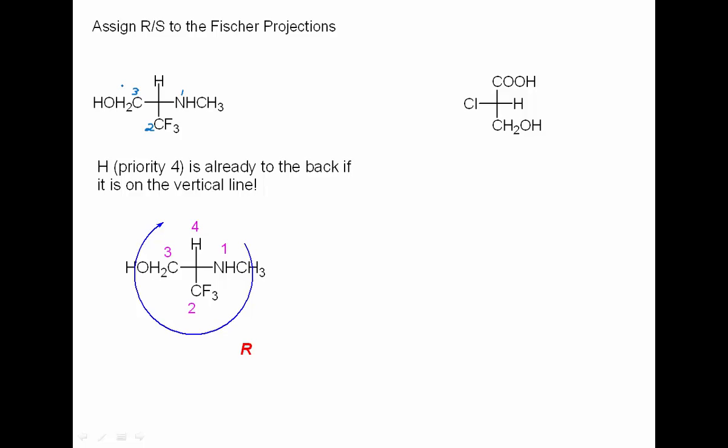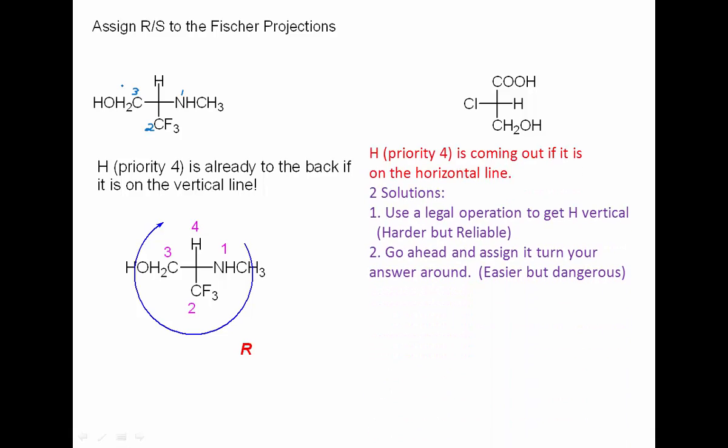All right, this next one, we can't do this direct assignment because the hydrogen is on a horizontal. So we've got to do some sort of legal operation to get hydrogen vertical. There's two solutions. One is to do a legal operation to get hydrogen vertical and then assign the R and S configuration.